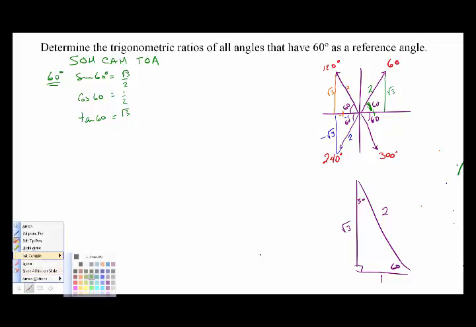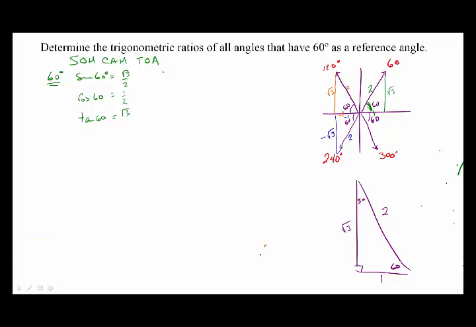We can now do the orange one, which is 120 degrees. Sin 120 equals, opposite is root 3 over 2.